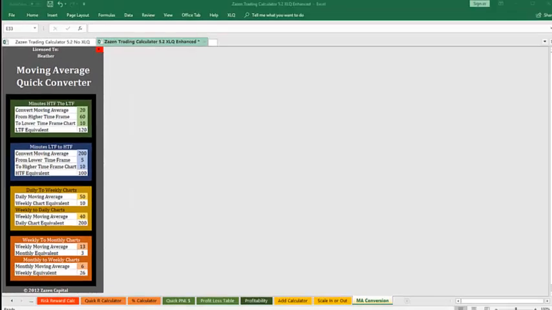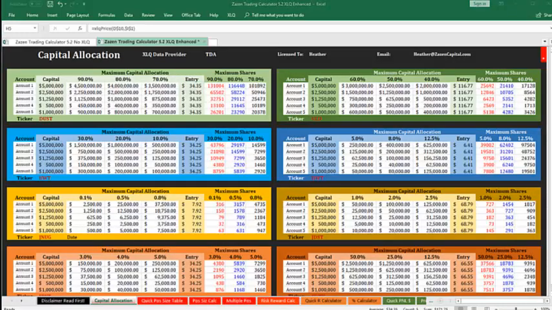You'll most likely find that you gravitate towards certain calculators over others, and that's fine. And you may not want to use the trading tools that I use. You may want to create your own, and perhaps this has given you some ideas. The main point I want to drive home is that it's very important to quantify and plan the amount of money you want to risk before you get into a trade.